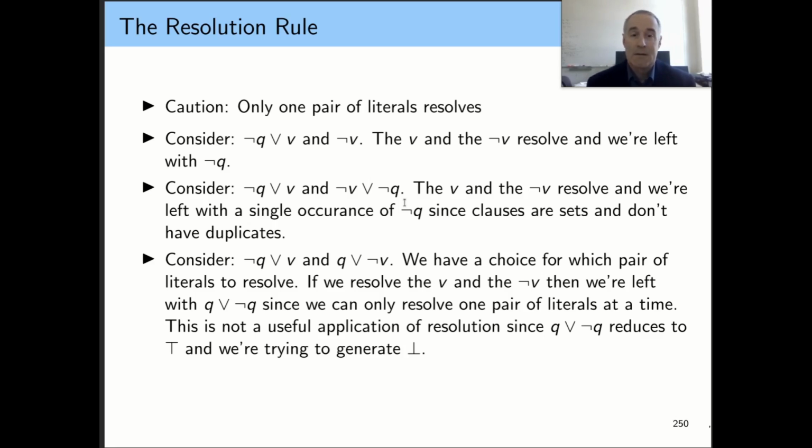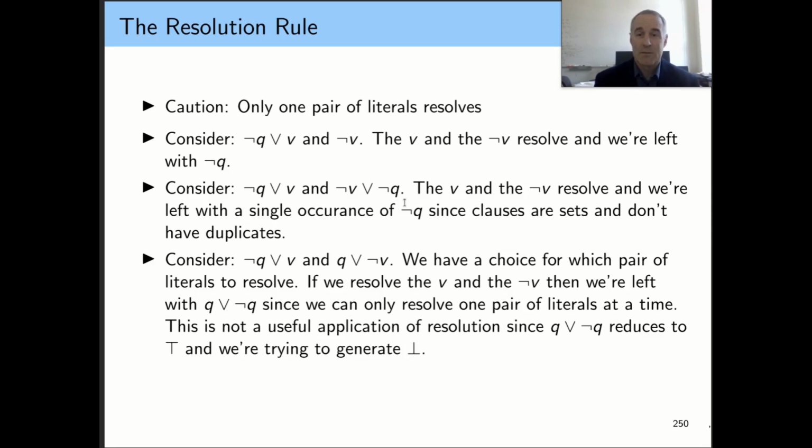Now here's the more interesting case, the case that's really the topic of the day. We have two clauses, not Q or V, and Q or not V. So we've got two pairs of atoms with opposite sign. One's negated, the other isn't. We have a choice of which pair to resolve, but crucially we can't do both at once. And in fact, even if we just resolve away one pair, which is what's allowed under resolution, it actually isn't very useful.